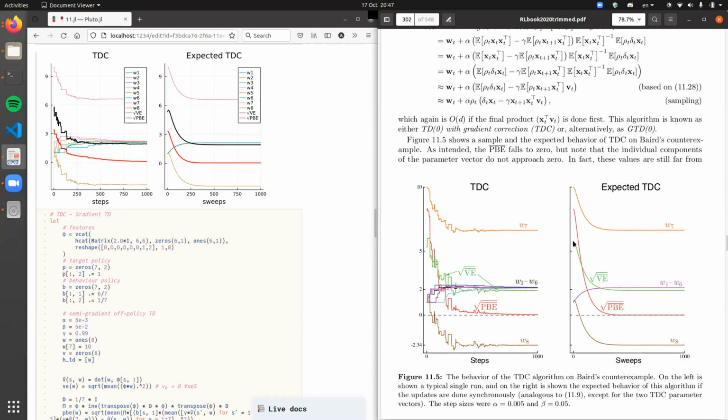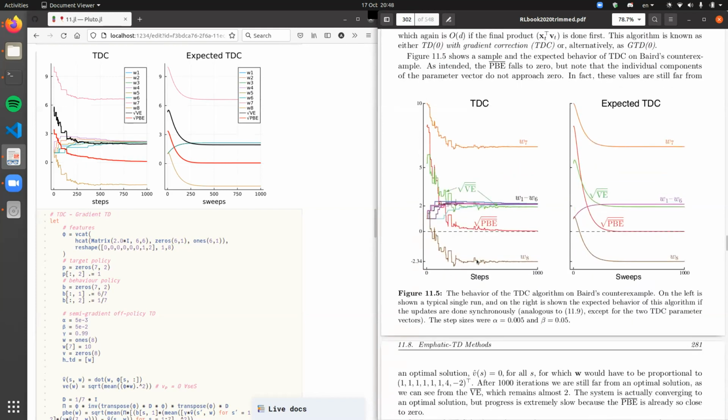And why does this happen? When the projected Bellman error gets close to 0, the gradient gets close to 0 as well. So we have very small gradients here. Basically the gradient vanishes, and the updates, although they should be going in the right directions, are very, very small.